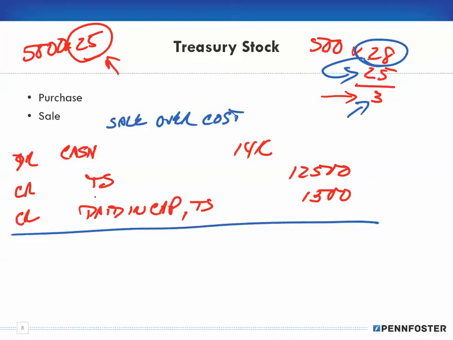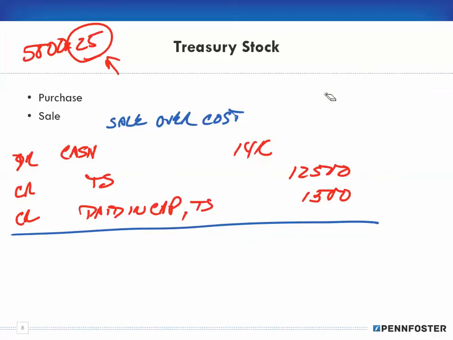Now, it's just the opposite when we're selling it below cost. Remember, this is our cost over here. Let's say they decide to sell 1,000 shares, but now instead of selling at $25, they're selling at $24.